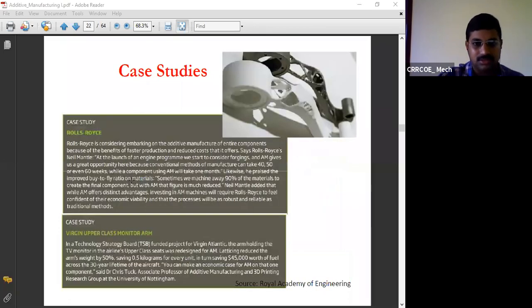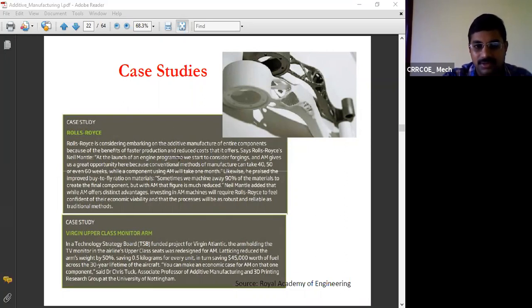Just see here, there are the case studies, additive manufacturing case studies. See, Rolls-Royce, one of the well-known companies. So here, they are considering embarking on additive manufacturing of entire components because of the benefits of faster production and reduced cost.